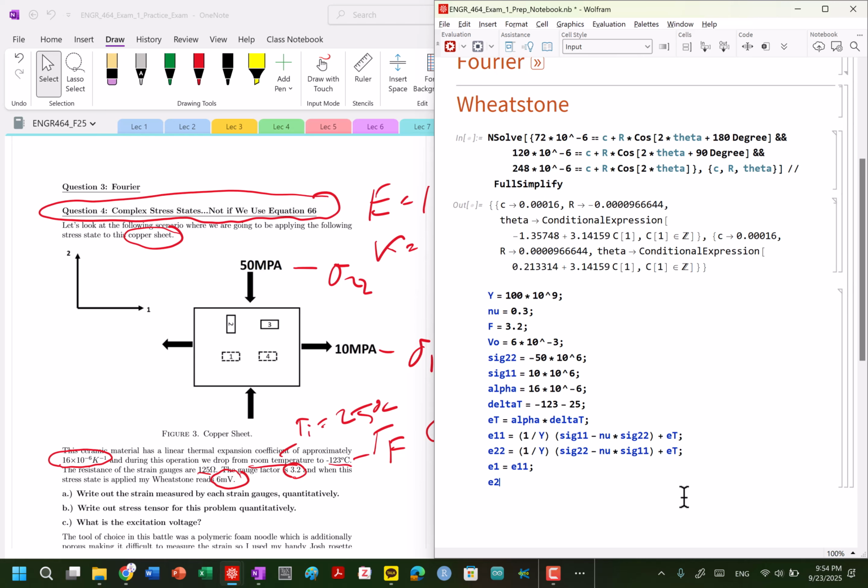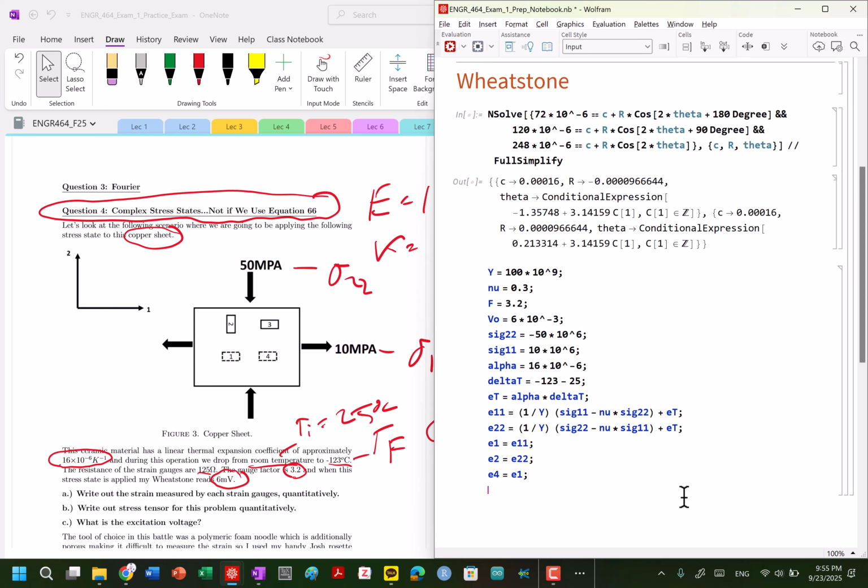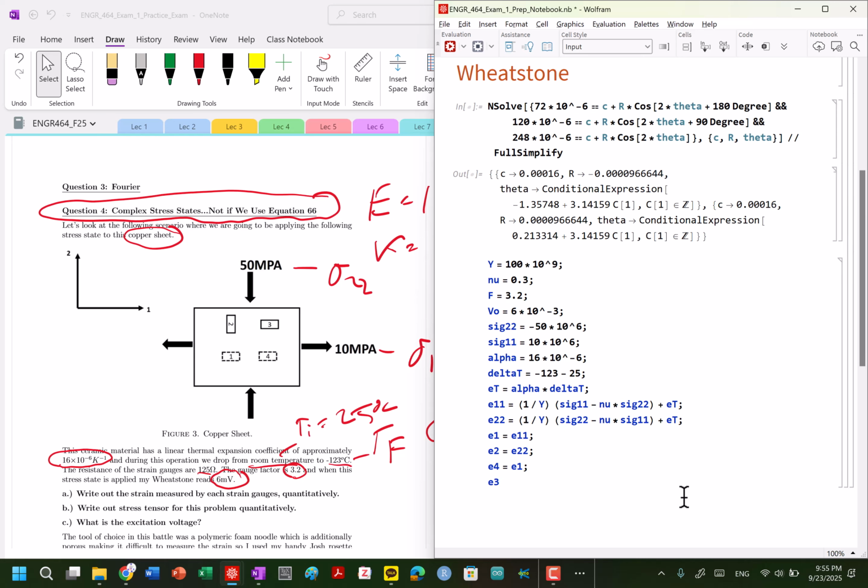E2 equals E22. E4 equals E1. And then E3 also equals E1.